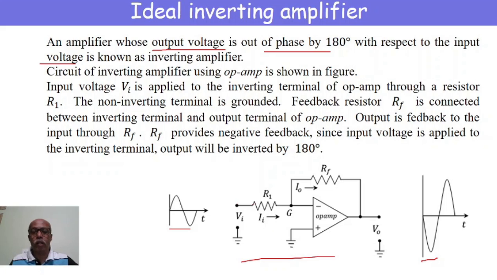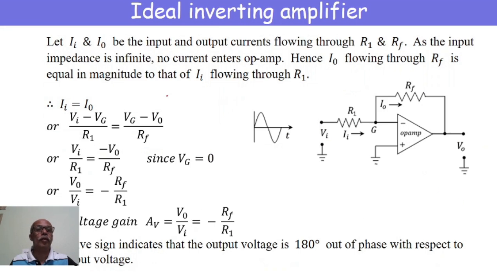The input voltage is applied across the inverting terminal, whereas the non-inverting terminal is grounded. The feedback is applied across a feedback resistor RF, which is connected between the output and the inverting input terminal. The voltage is applied across the inverting terminal and the output will be inverted by 180 degrees.